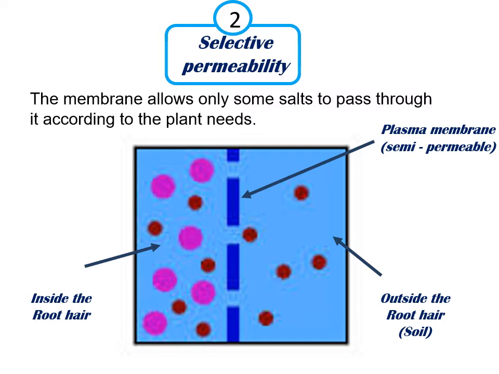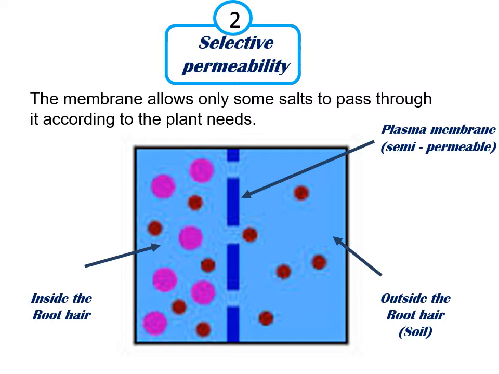Each one of them represents a type of mineral salt. As you can see, the plant absorbed all the amount of mineral salt represented by the pink circles, while it only absorbed half the salts represented by the red circles.